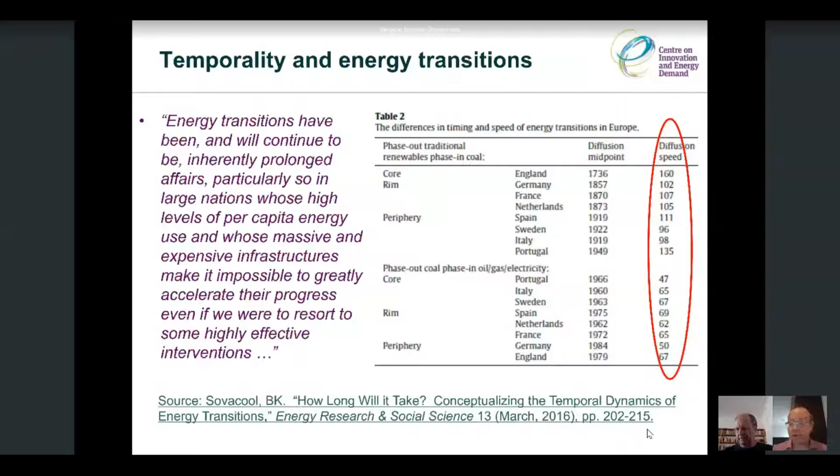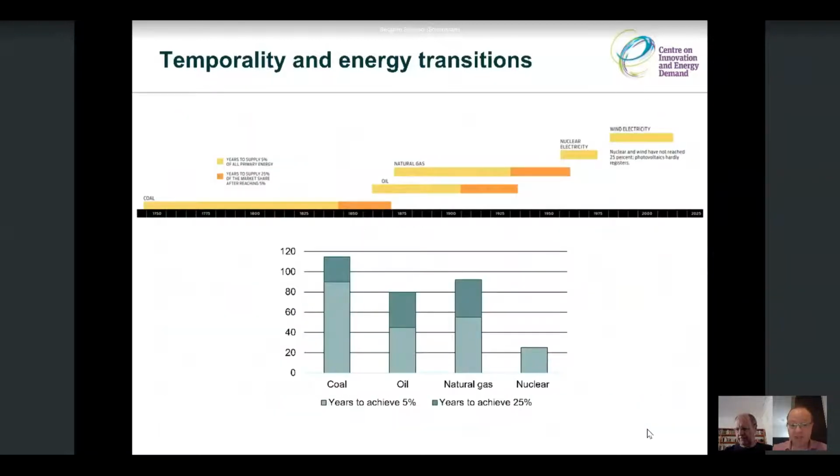And to help support Smil's argument, this is the same data plotted two ways. It's basically the big 4 energy transitions around the world that we've seen over the past 300 years, so 1750 to 2025. The upper one is the timeline, and the bottom one is just replotting the data to make it easier to see the years.